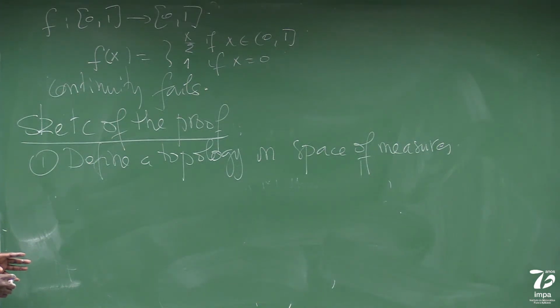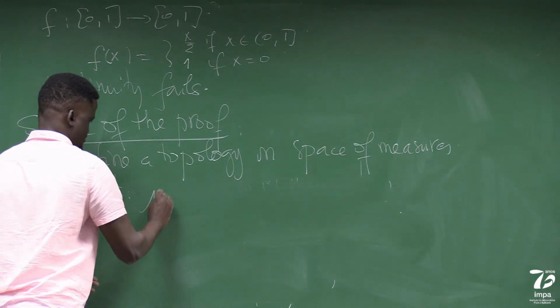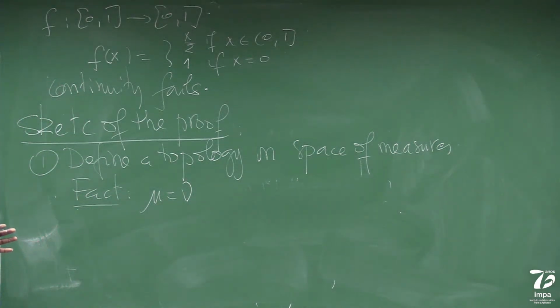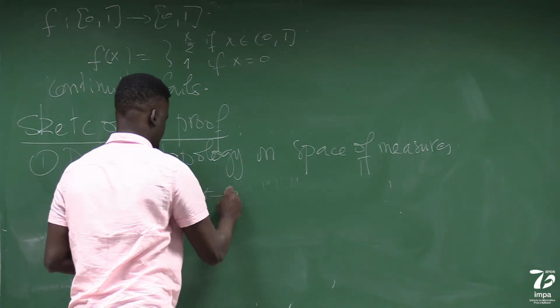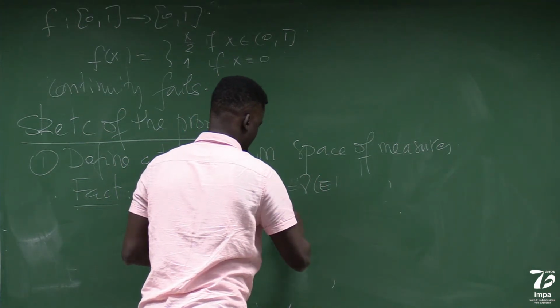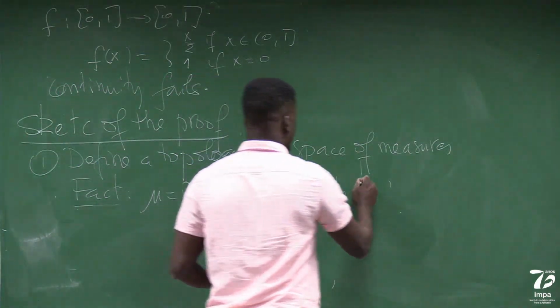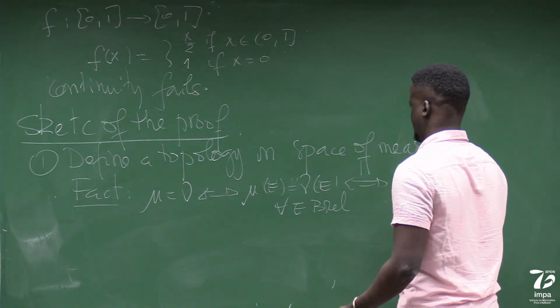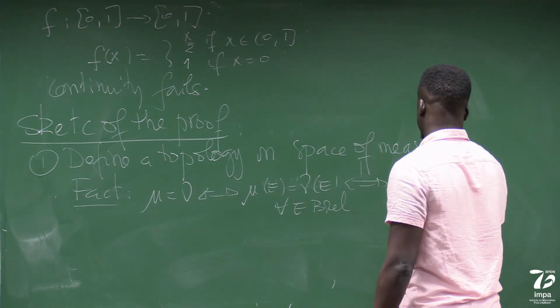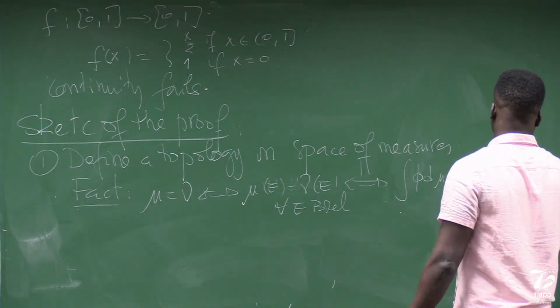See that we have this fact. Two measures are the same if and only if, by definition, they agree on all Borel sets. So if and only if mu of E, by definition, for all Borel E. But this you can write as the integral of phi d mu for all phi continuous bounded.